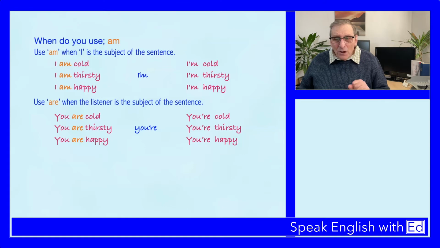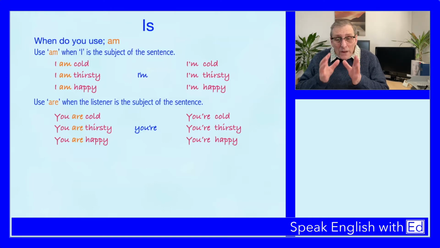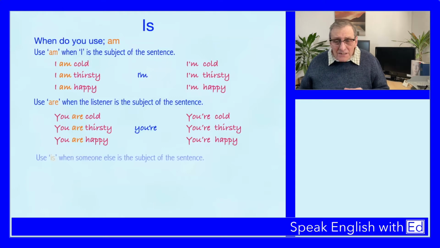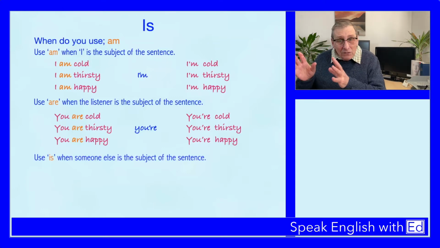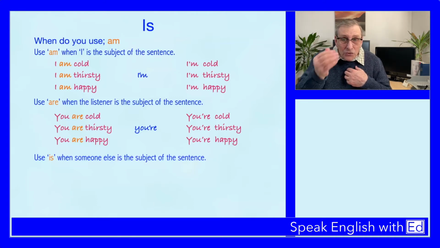We've got the next one, which is is. Do you know when you use is? We use am when you're talking about yourself, and we use are when you're talking about the person that you're talking to. But when do you use is? Well, you use is when you're talking about anybody else or somebody else that isn't yourself or the person that you're actually speaking to.